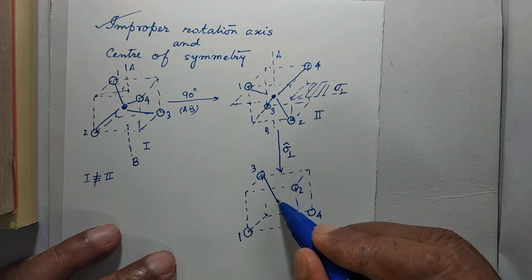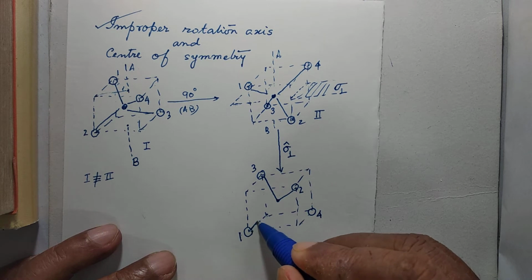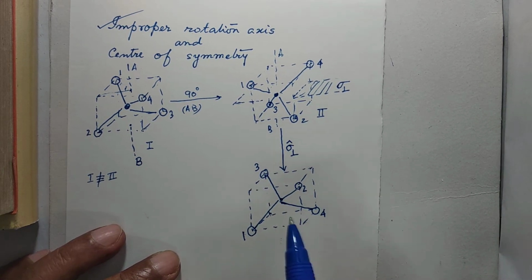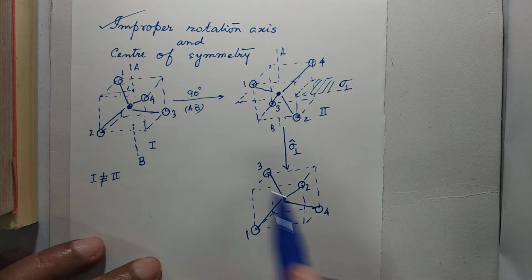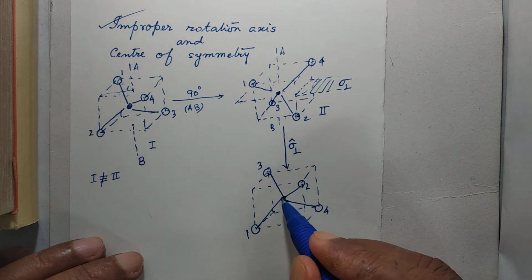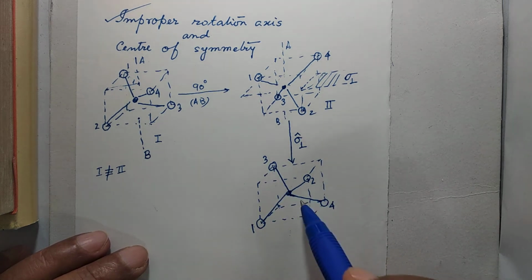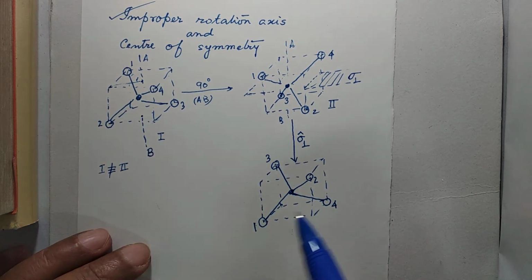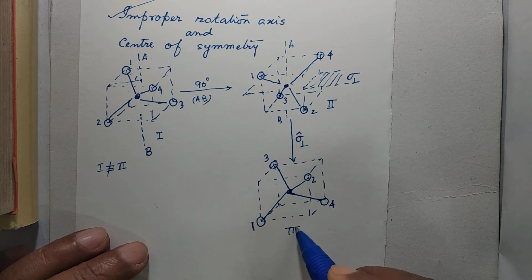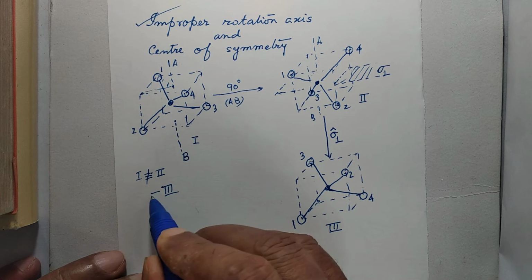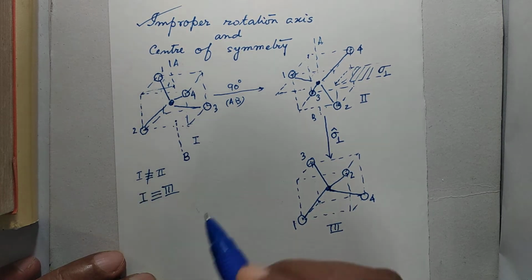Now the bond arrangements are like this, and we compare these two. They are now equivalent. If we don't look at the labels, then the two molecules are the same. So this configuration 3 is equivalent to 1.